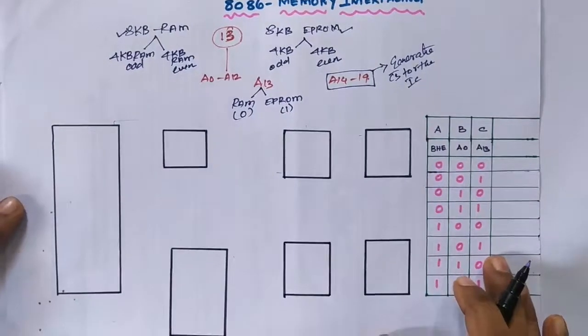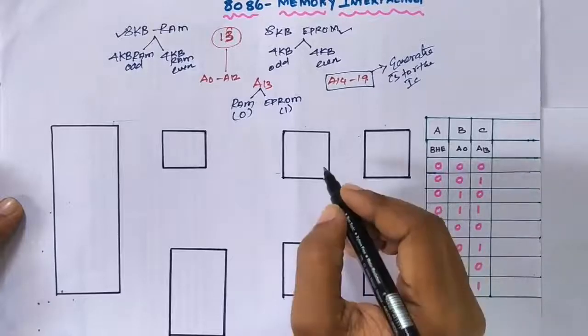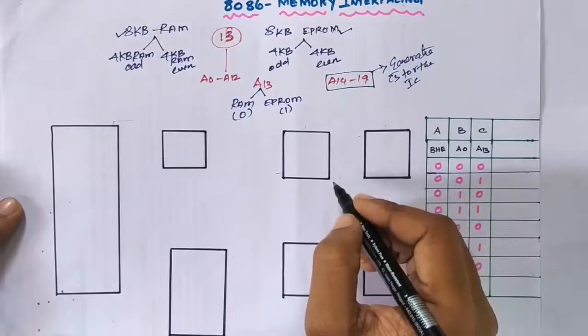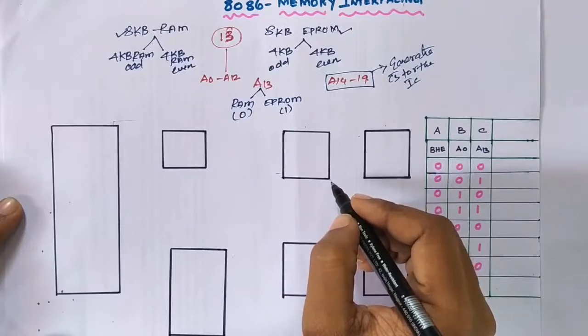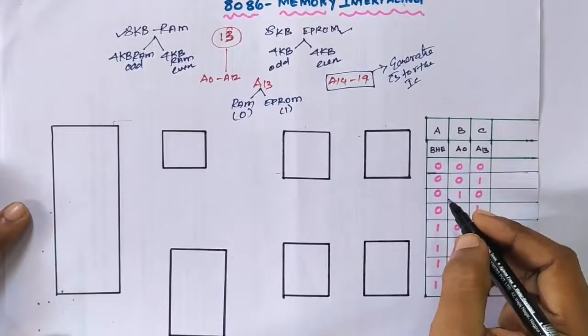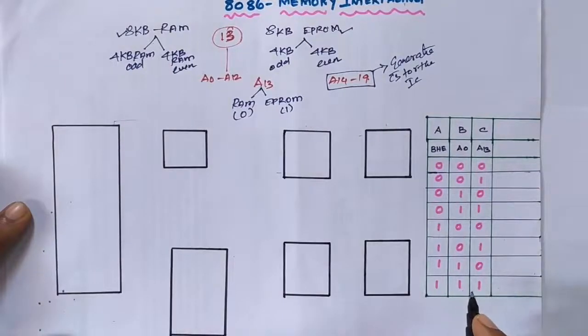Here we arranged two 4 KB RAMs and two 4 KB EEPROMs to interface the 8 KB RAM and EEPROM.